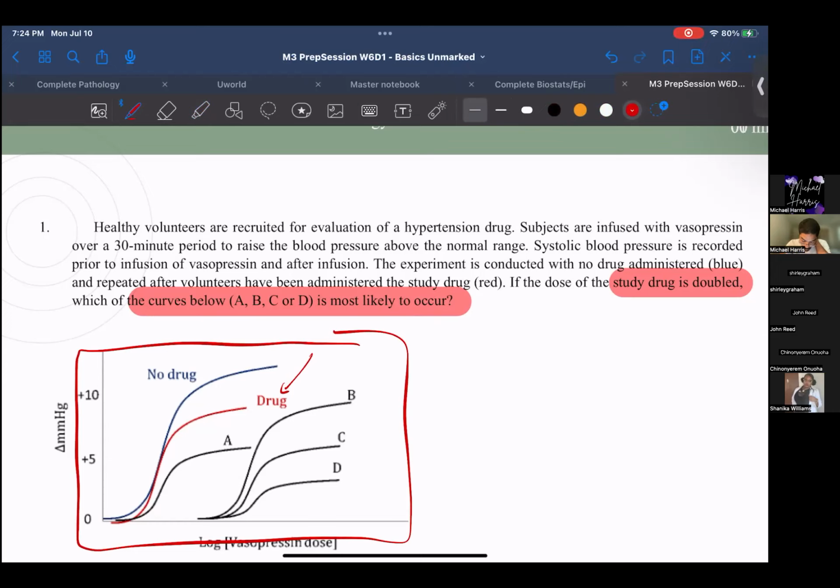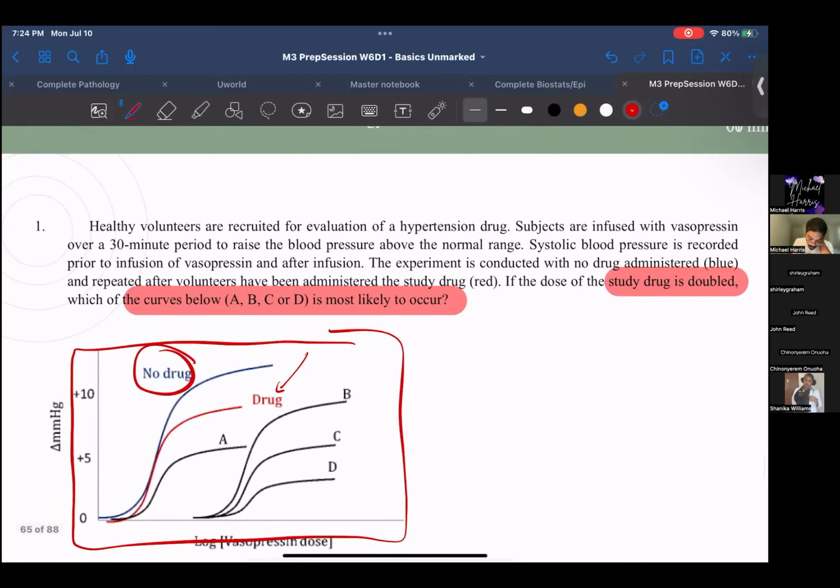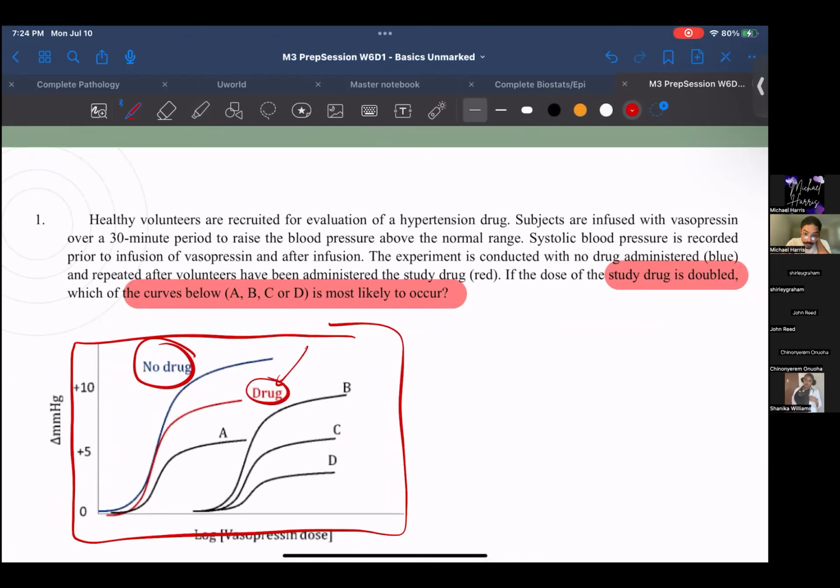Now, they have here saying that the experience with no drug administered is B, the blue one, right? No drug. And then the red one is the drug. What do you guys say? You doubled. If the dose is doubled.